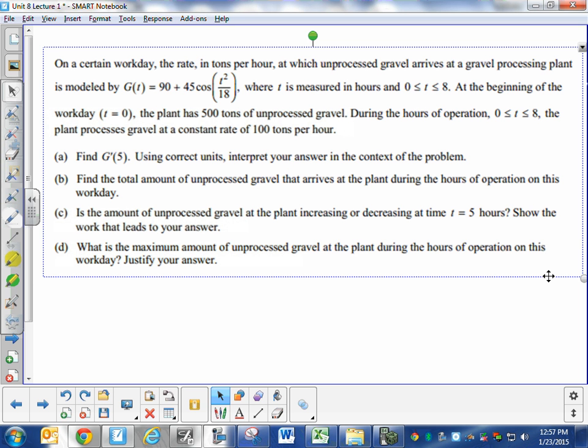At the beginning of the workday, t equals 0, the plant has 500 tons of unprocessed gravel. During the hours of operation, 0 to 8, the plant processes gravel at a constant rate of 100 tons per hour. So just like what we did. Now, part A. Find G prime of 5. Use correct units. Interpret your answer in the context of the problem. Go.